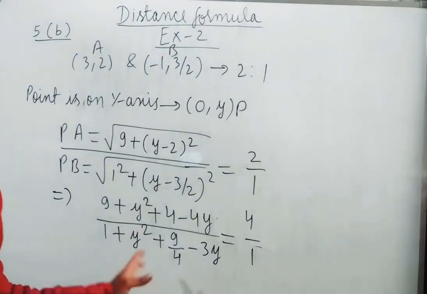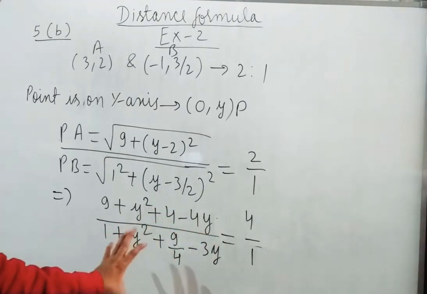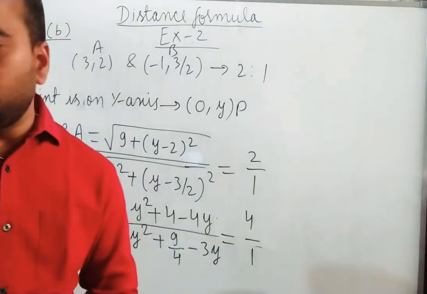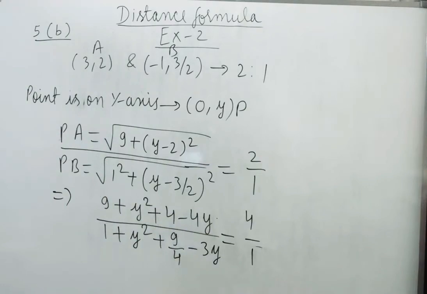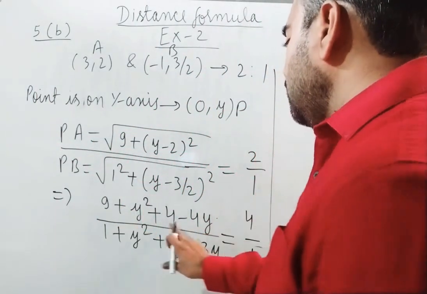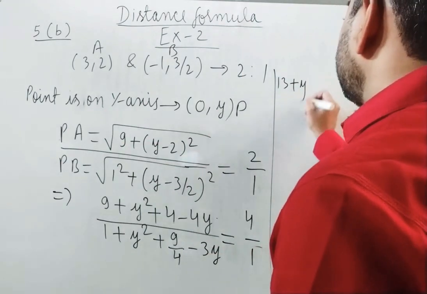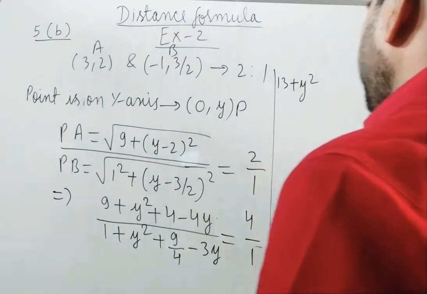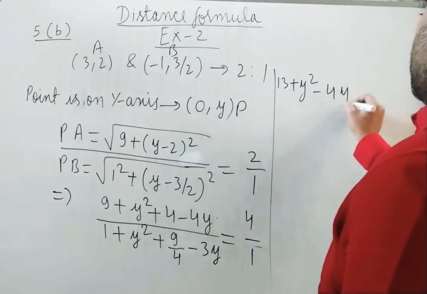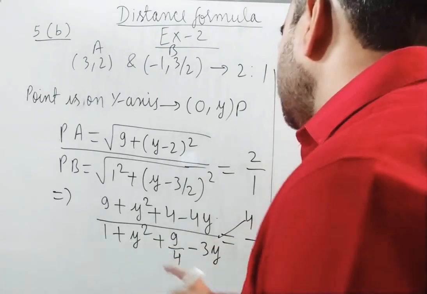After having a square we are having the values minus 2ab. Then now we have to solve. Cross multiply and solve. When we cross multiply, finally this will become what? 9 plus 4, 13. So 13 plus y square minus 4y is equal to 4 multiplied with this term, that is 1 plus 9 by 4.